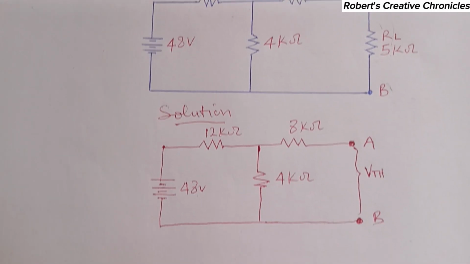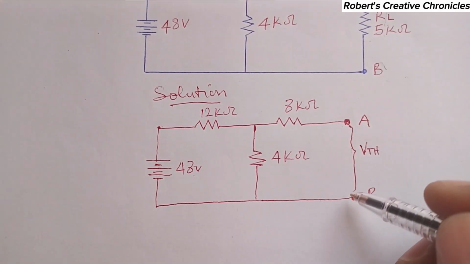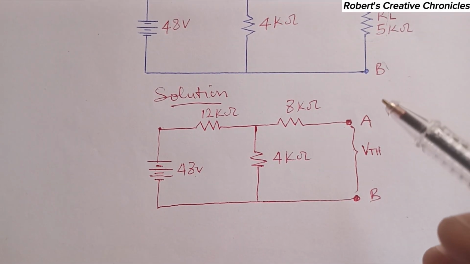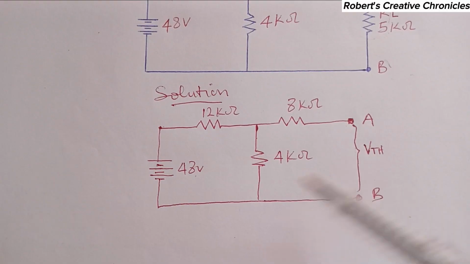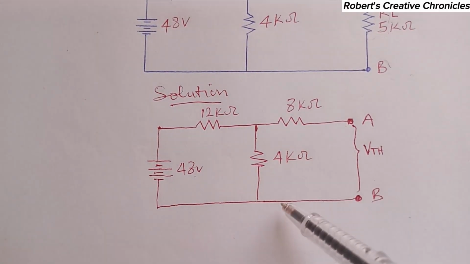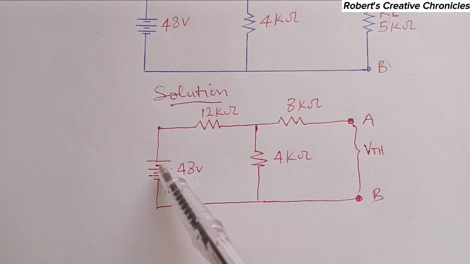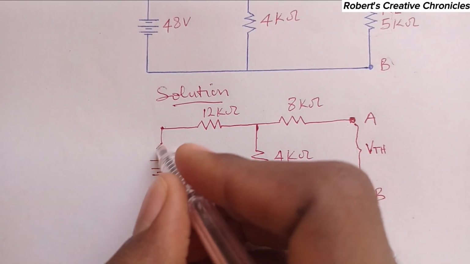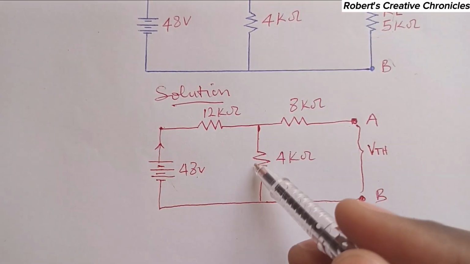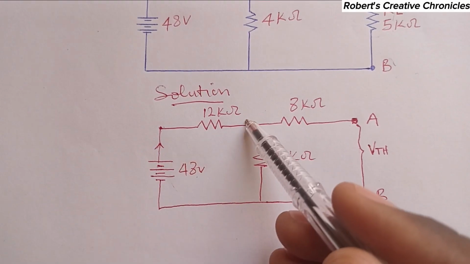To find the voltage across these two terminals, according to Thevenin's theorem, you know this is a voltage source. So current will flow from here and enter this terminal. It will enter the 12 kilo ohm resistor.